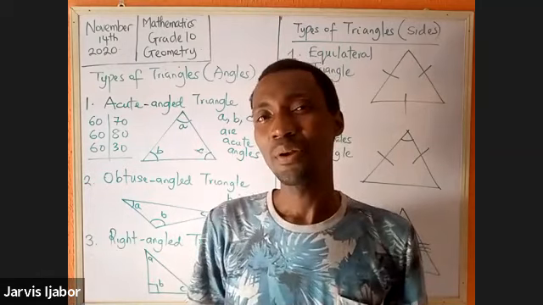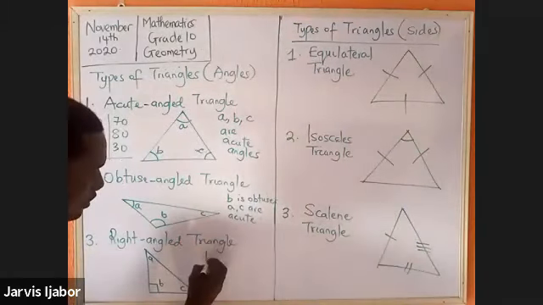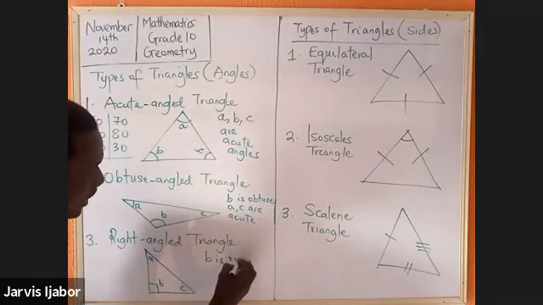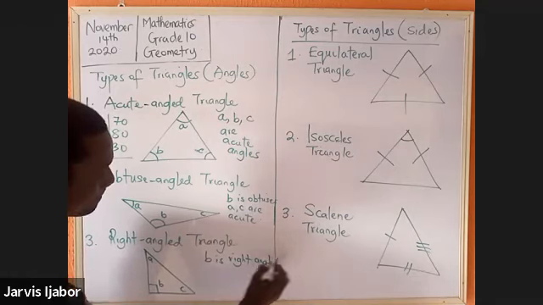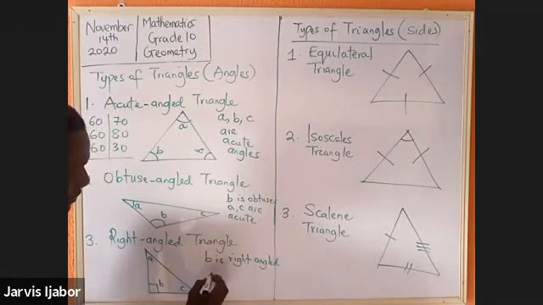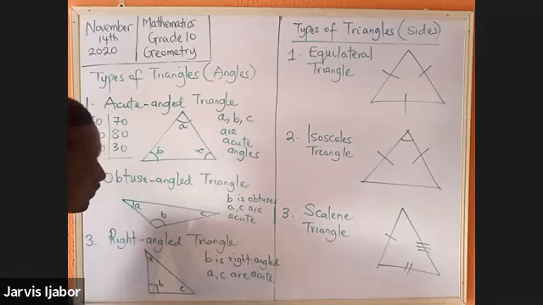Acute. Okay, so that will mean that B is right angled, and A, C are what? Acute.